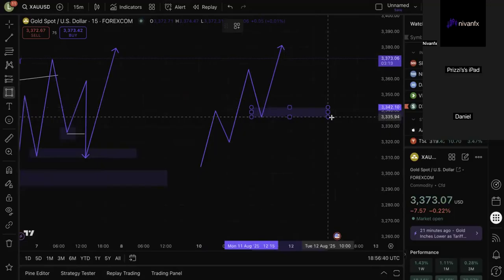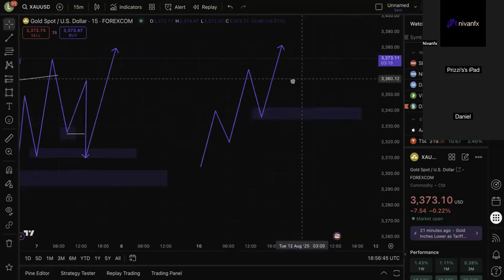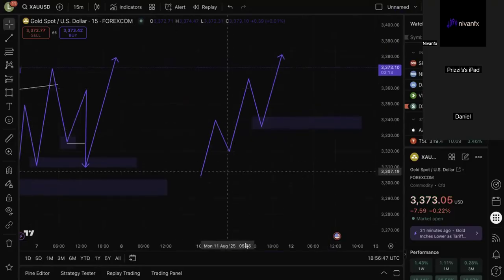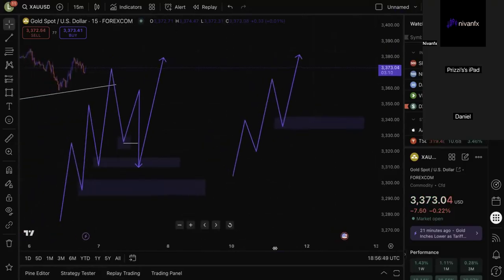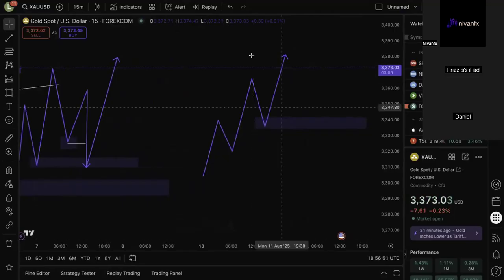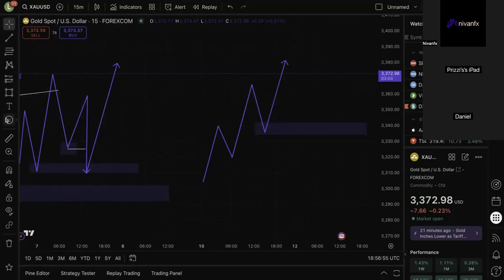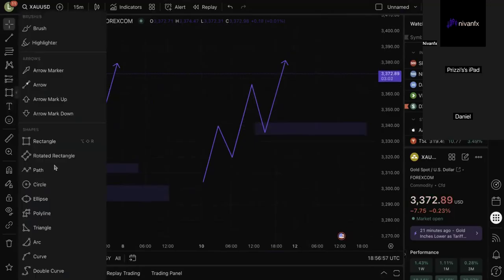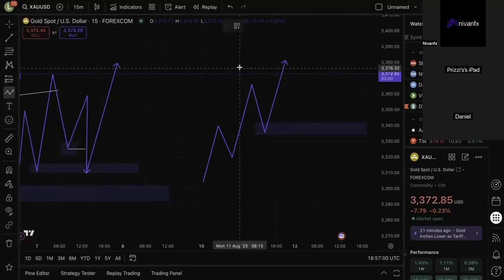This is where I want to buy from. Now, the only time that this area will be valid is if we see an inducement level at this area before it taps on this zone. That is, remember what I said, an inducement is the first retracement pullback after a break of structure.